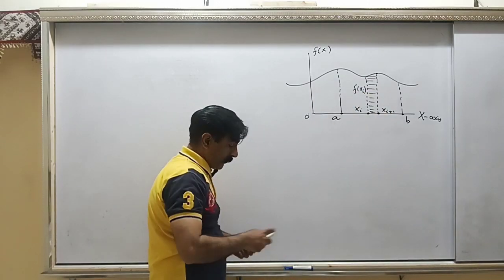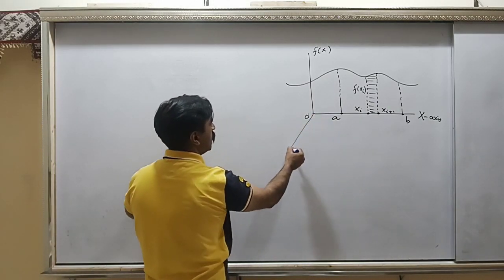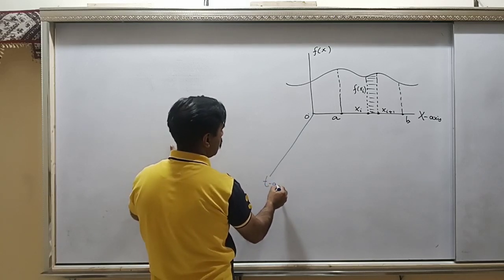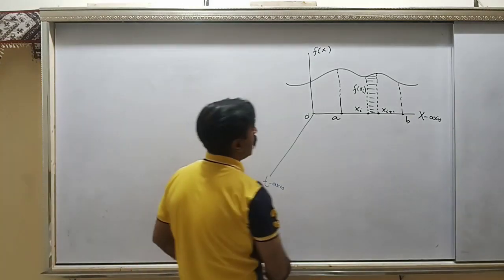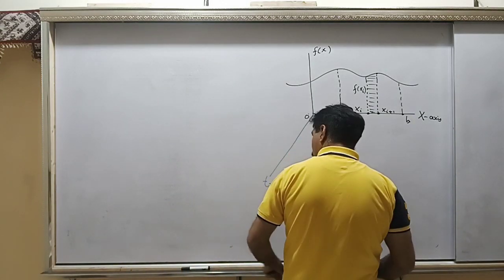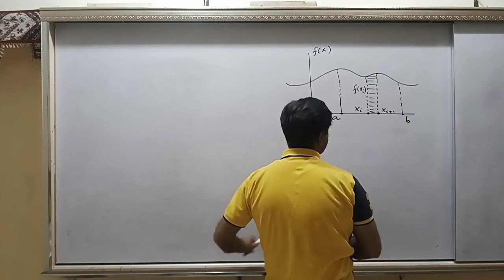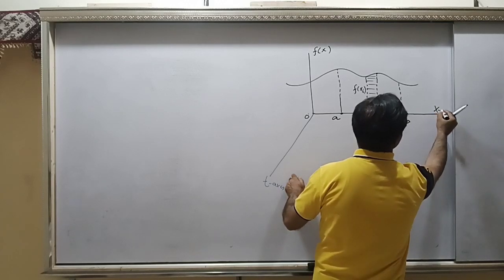Now plot a new axis, this blue axis, and this is the t-axis, meaning the values of t, a new variable will be plotted here. Now this is your x-axis.